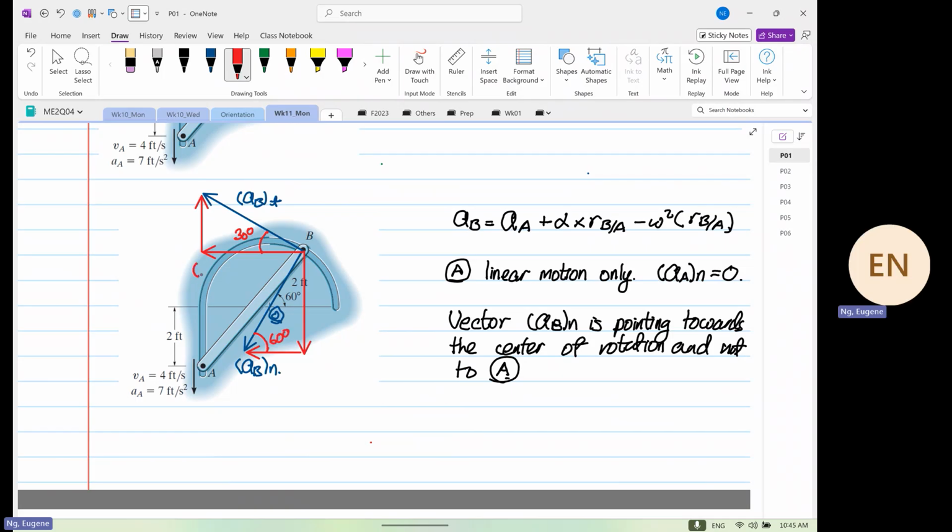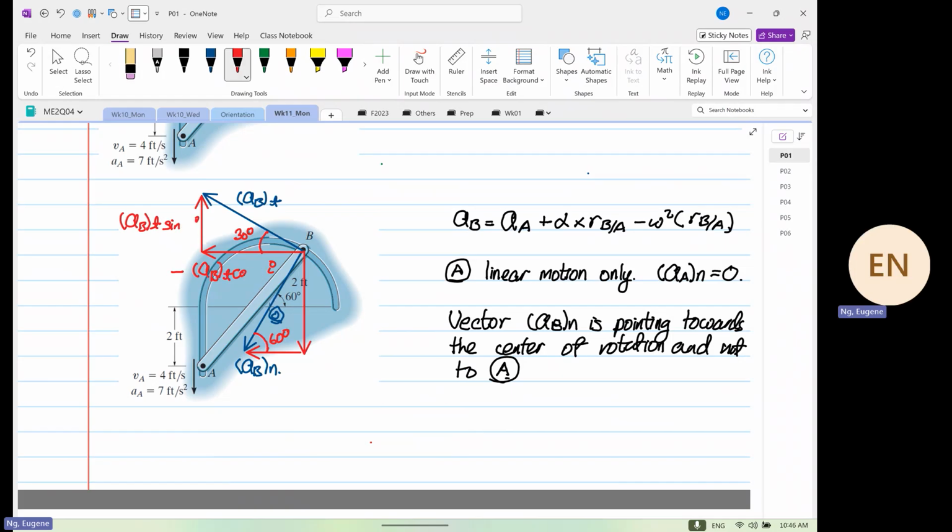We know that this is AB tangential cos 60 i, and over here you have AB T sine 60 j. And then, oh, where 60 come from? Sorry, people, my bad.